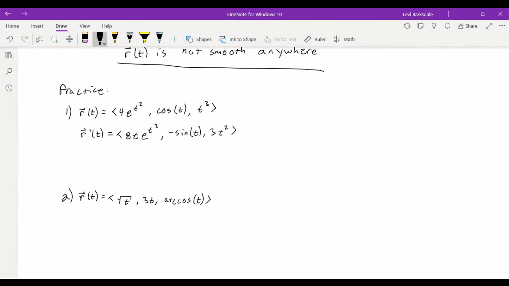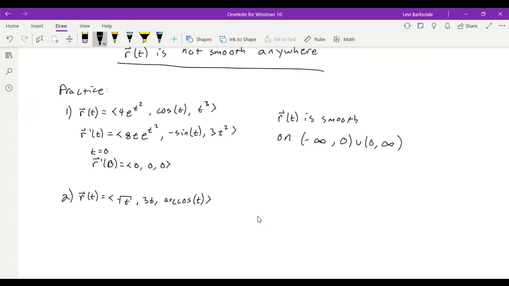And we can actually see our first component is going to be 0 only where t is equal to 0. But then if we plug in t equals 0, we can see that r prime of 0 actually gives us 0, 0, 0. So r of t is smooth wherever t is not equal to 0. So that would be the interval from negative infinity to 0 combined with 0 to infinity.